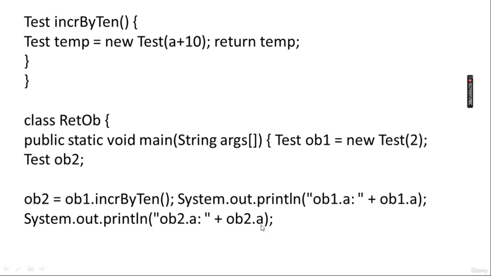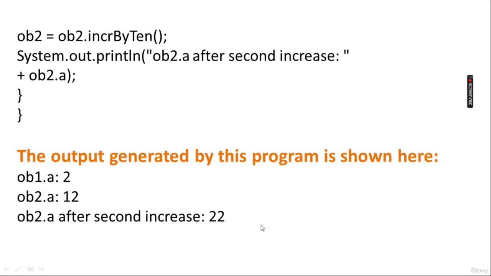The first increase will give me object 1 dot a as 2 and object 2 dot a as 12, and after the second increase it will give me 22.